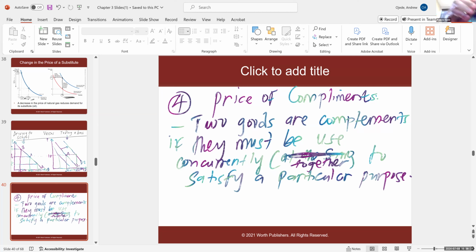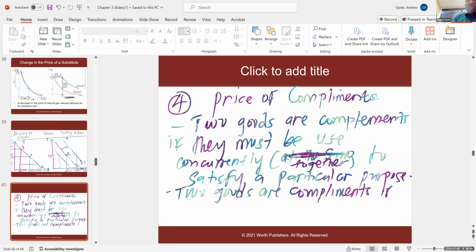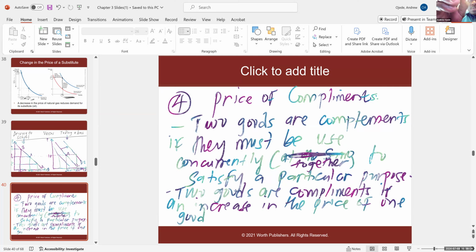Or in the economic definition, we're going to say two goods are complements if an increase in the price of one good leads to a decrease in the demand for the second good.